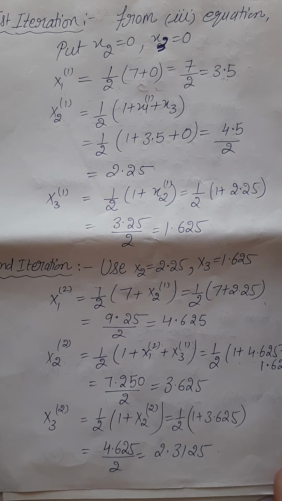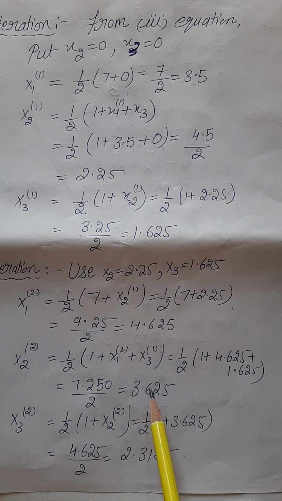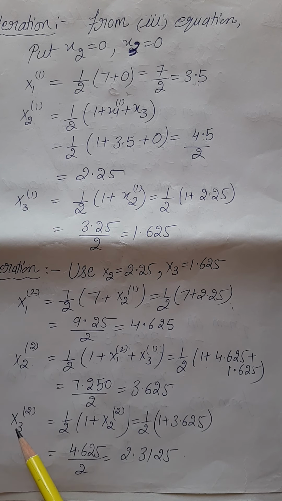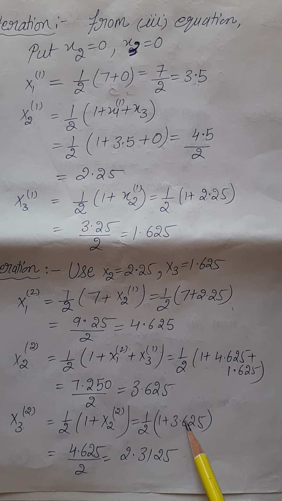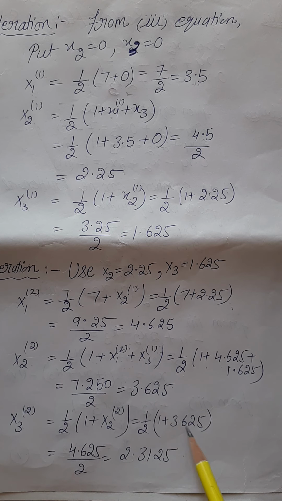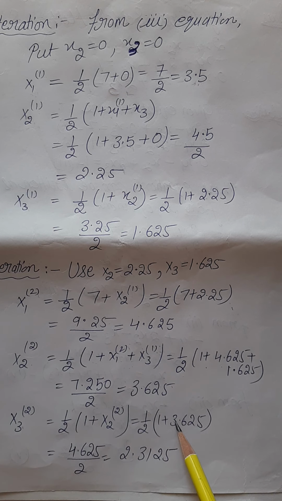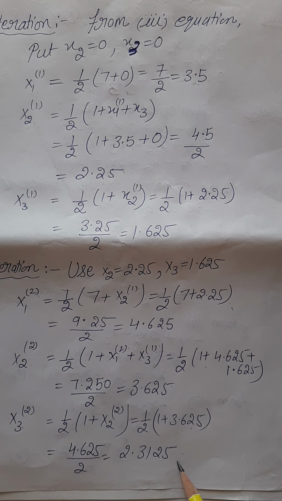So we put these values and we get the answer 3.625. And in the same way, you can find the value of x3. We write here 1 by 2, 1 plus x2 to the power 2, and you put the value of x2 from the second iteration, that is 3.625. By solving it, you get the answer.